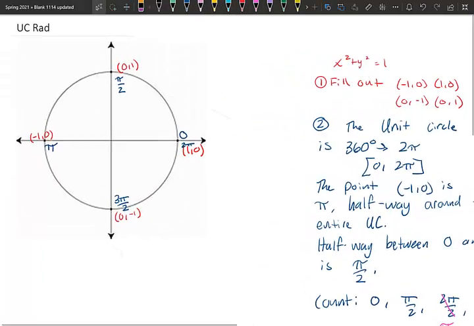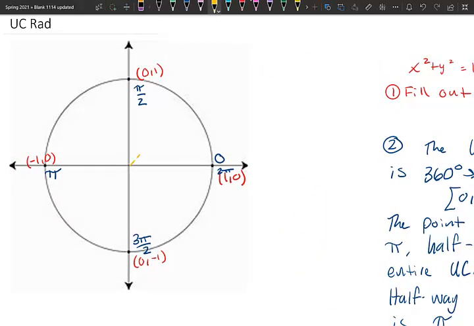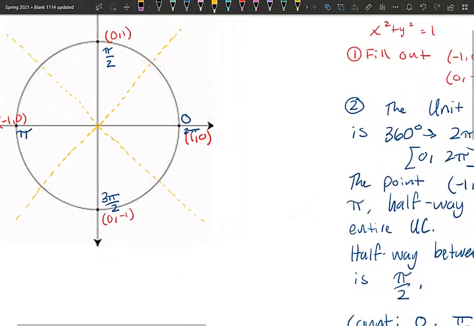We're going to break each quadrant into half using little dashes. So we broke each quadrant into half. For our third step, we're going to find the halves of each quadrant.